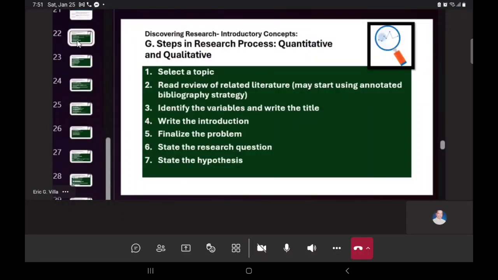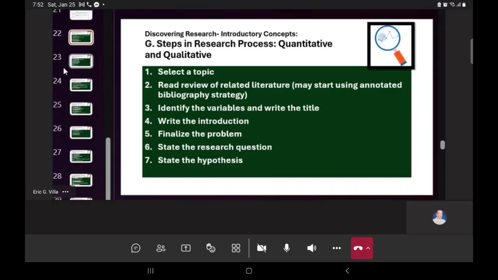So, according to the book of Dr. Alice Wag, we have several steps in the research process for quantitative and qualitative. For quantitative, we select a topic. Topic selection is a critical phase requiring careful consideration of feasibility, relevance, and researcher expertise.